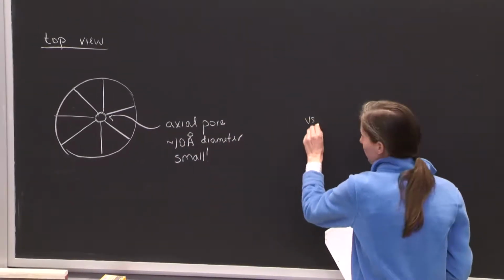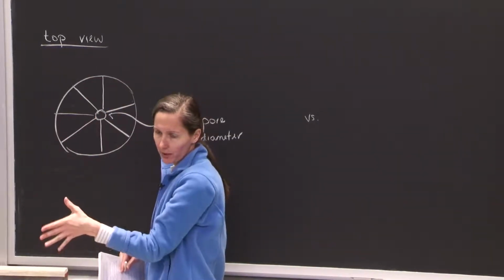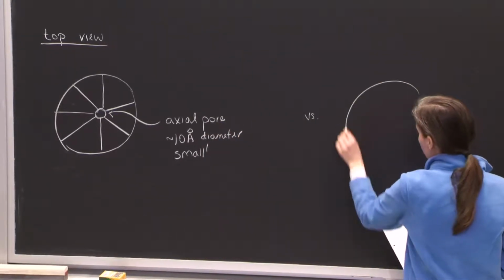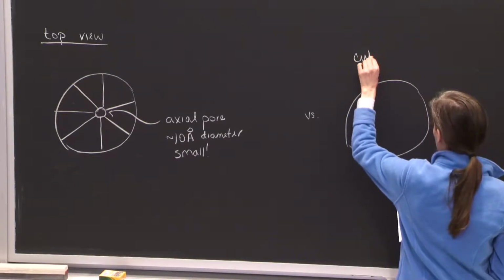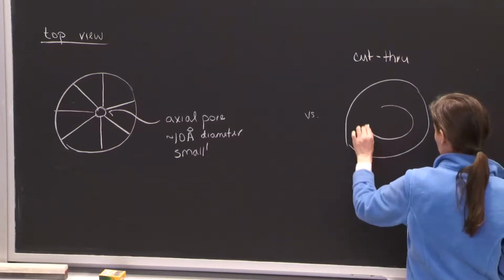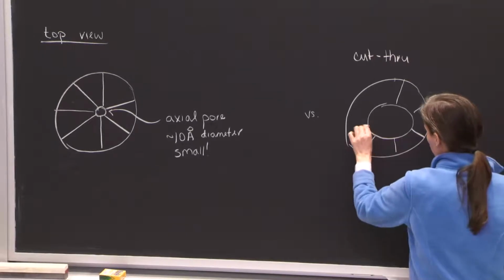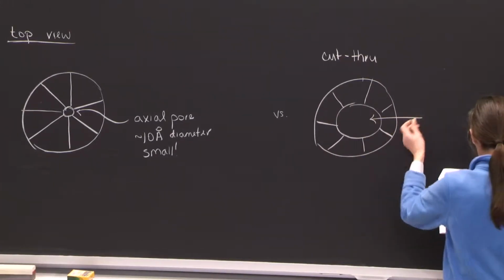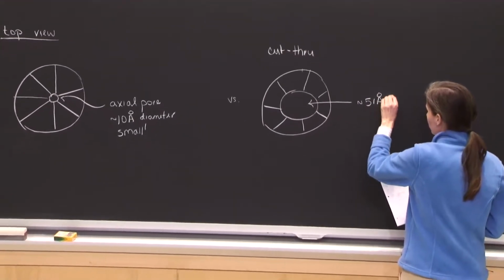But then if we take this and, rather than just looking at the top, we cut through and ask what's going on in the interior, what do we see? What we see now is that there's a chamber of about 51 angstroms.